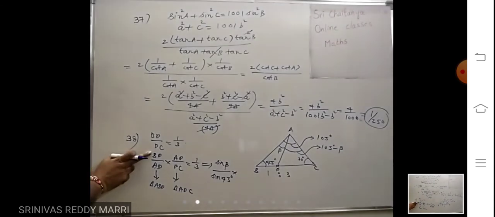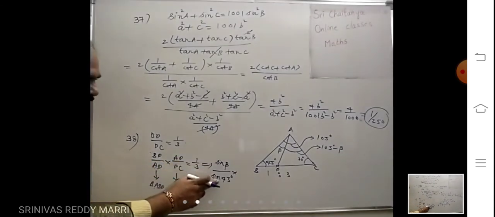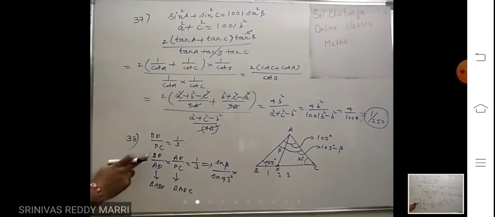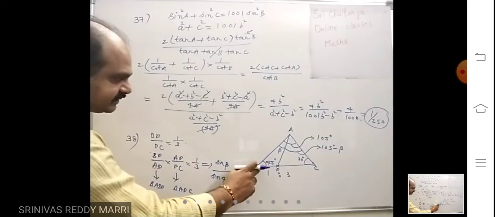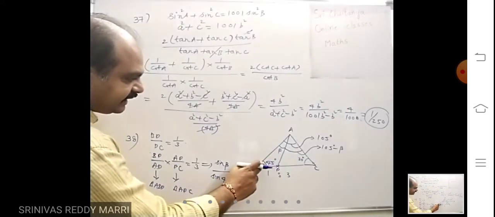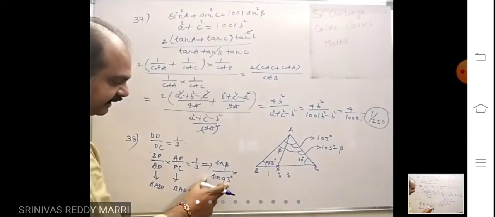In any triangle, the ratio of sides is the ratio of sines of opposite angles. That is nothing but the sine rule.